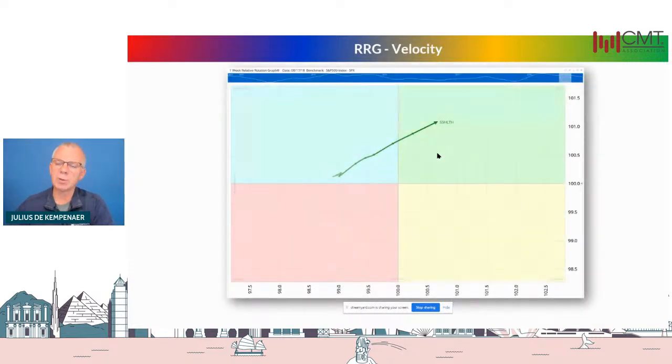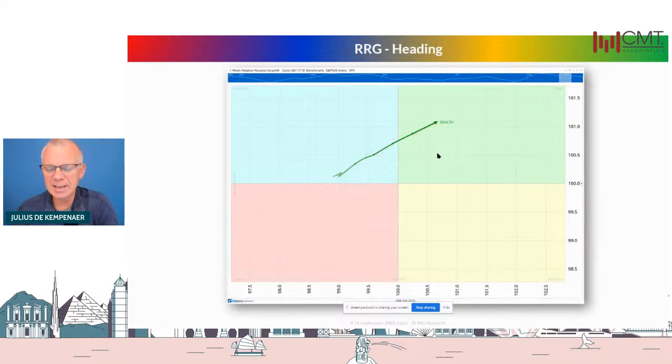The third one is velocity, and velocity measures the differences, the distances between the various nodes on the tail. So by adding them up, I can actually calculate the tail length, and tail length tells me something about how strong that move is. And if these distances are increasing, then it tells me that the move is getting stronger and stronger.